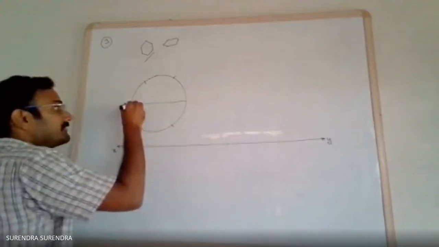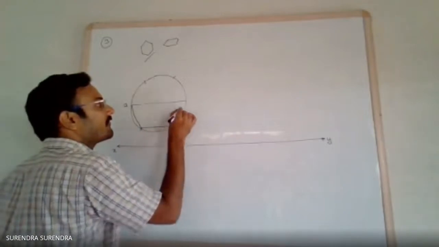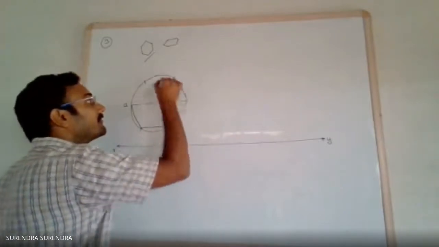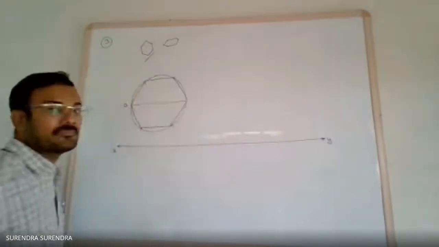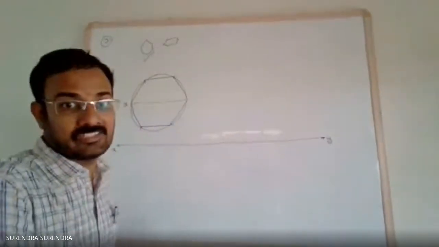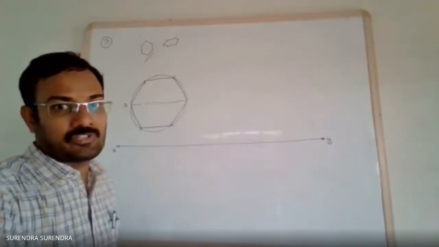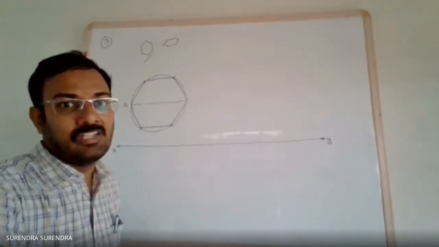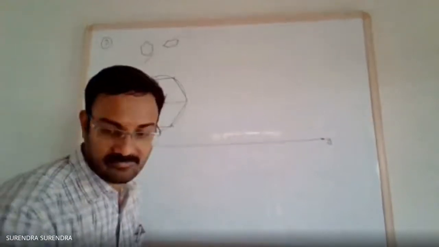If we join these with straight lines, we'll get the required hexagon. Simple way, no need of any protractor or measuring any angles, only by using compass. I'm repeating.